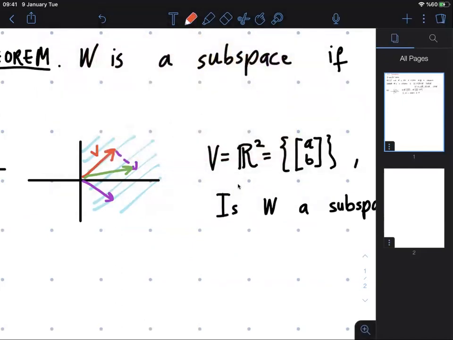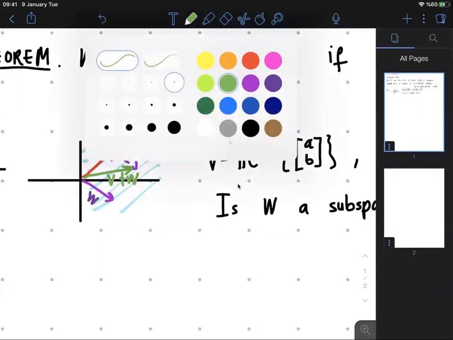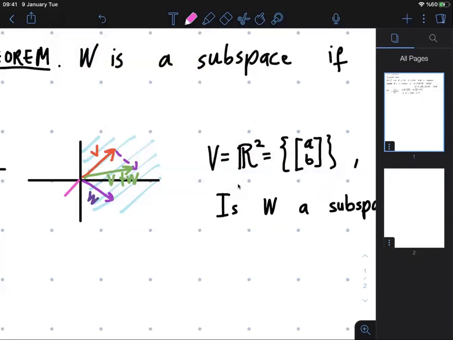So this is V, and this purple one is, let's say, W. Then you see V plus W is still a vector in the right part, but minus V is not in W. To be a subspace, it should be in W. So the answer is no. W is not a subspace.